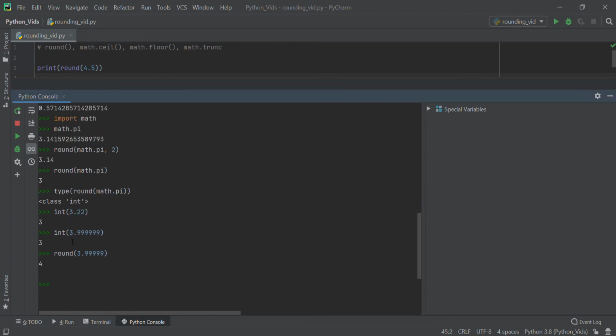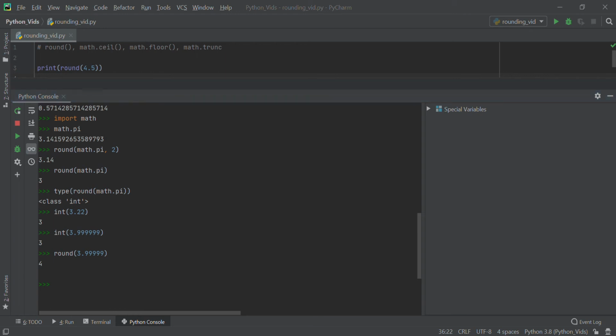Another comparison you can make is that this integer function is truncating. It's chopping off all the decimals. It's very similar to the truncate function in the math module that we'll discuss later. Also, if you're rounding with more decimal places, of course, it's not going to give you the type integer. It'll give you the type float, as we just mentioned.